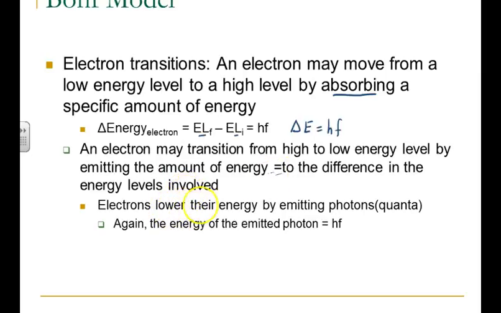Again, electrons lower their energy by emitting photons. This is an important statement. This is new. Electrons lower their energy by emitting photons. So that's unique. Electrons, as subatomic particles, lower their total amount of energy, and in doing so, they emit photons.